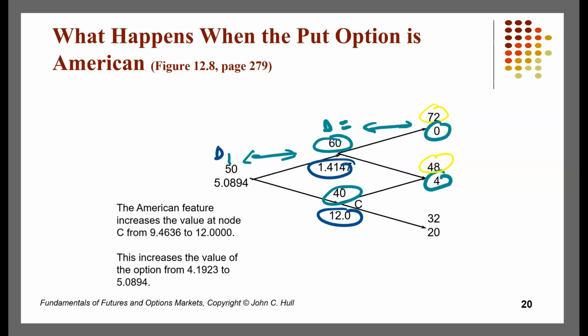Remember, delta is essentially the number of shares of stocks that you need to protect the position in call. So for example, if you have a covered call position where you write call and you own a stock, the delta is essentially going to tell you how many shares of stock you need to hold for each call option that you're writing. That would be how you use the delta to protect the position.